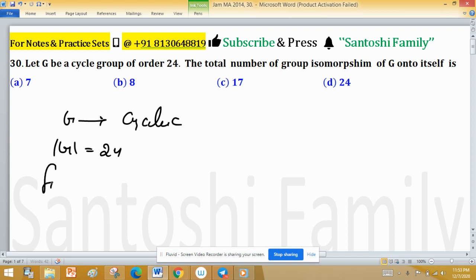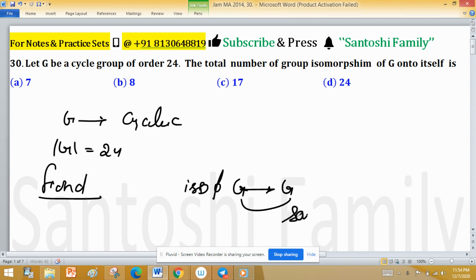Then we have to find the total number of isomorphisms from G to G, because these are the same group and the same group composition.